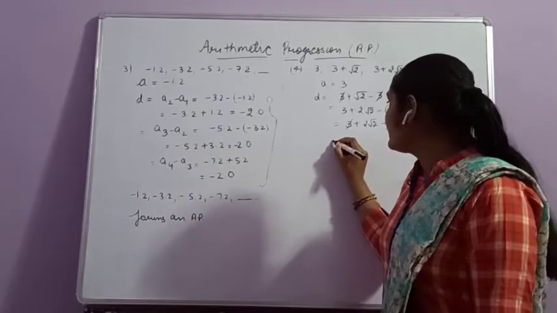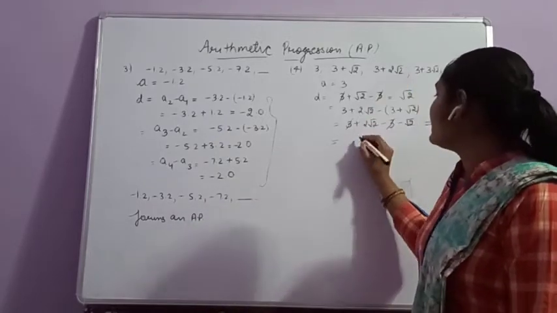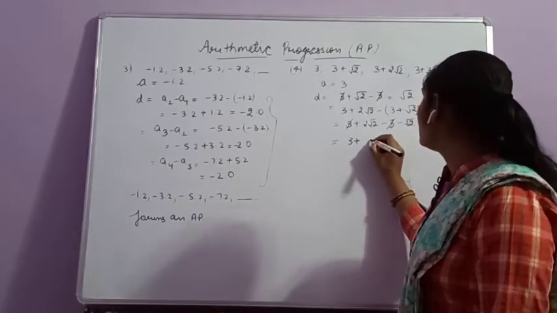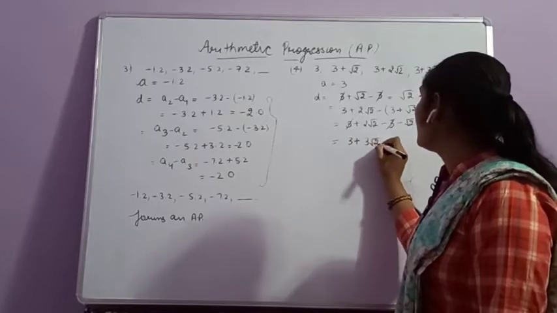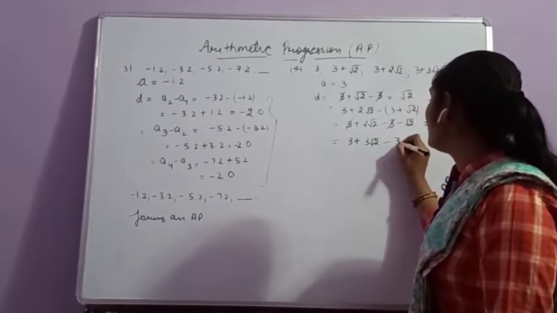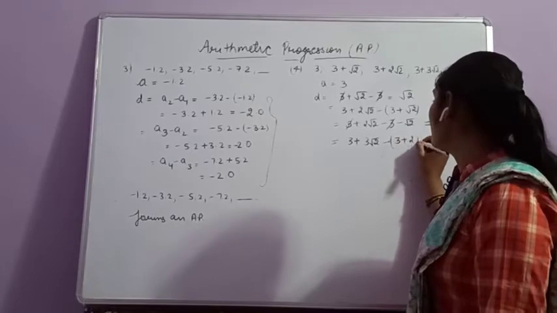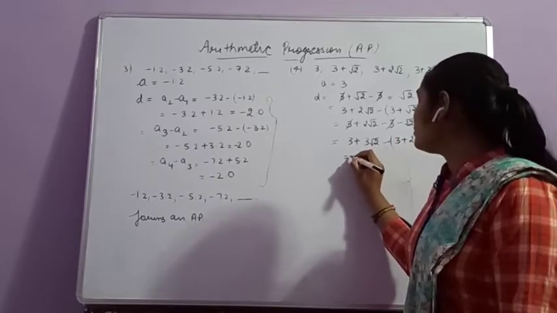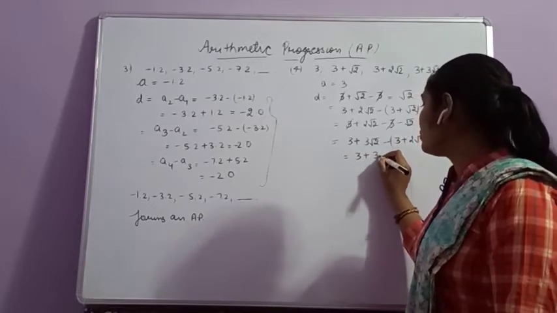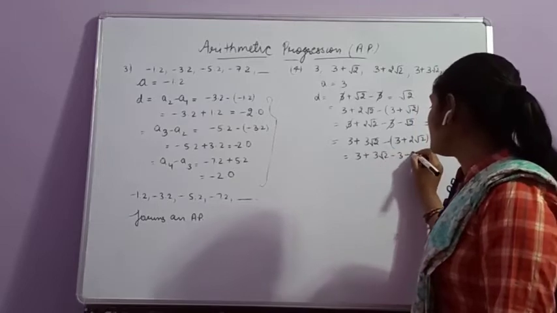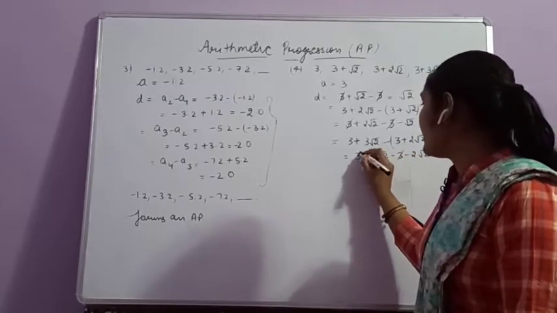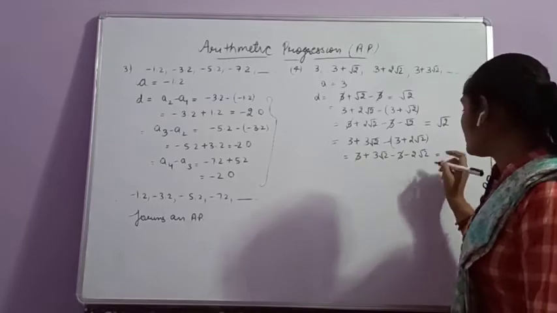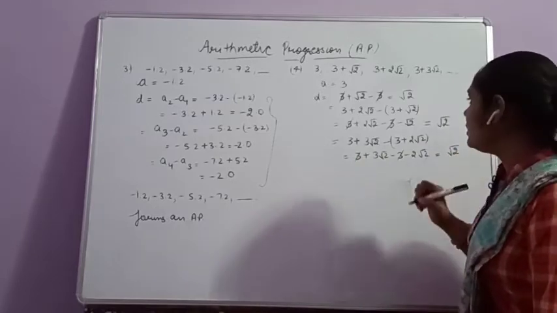Similarly, next A4 minus A3, that is 3 plus 3 root 2 minus of 3 plus 2 root 2, that is equal to 3 plus 3 root 2 minus 3 minus 2 root 2. 3 cancel out, 3 root 2 minus 2 root 2, that will be equal to root 2.